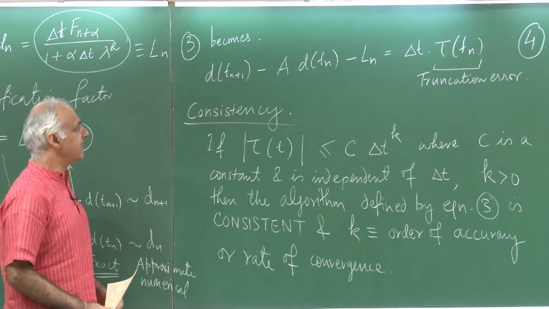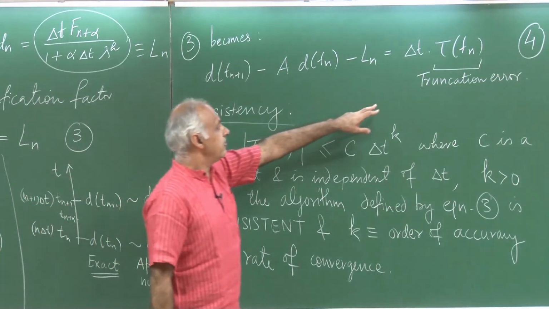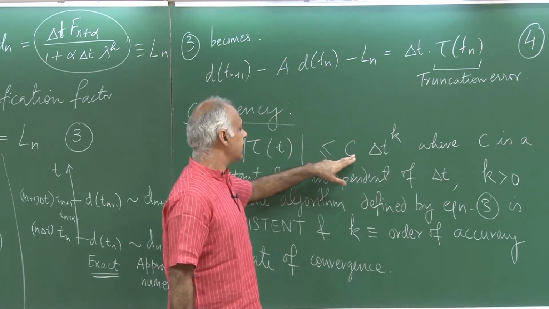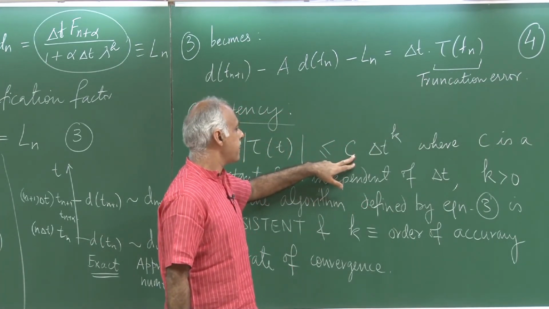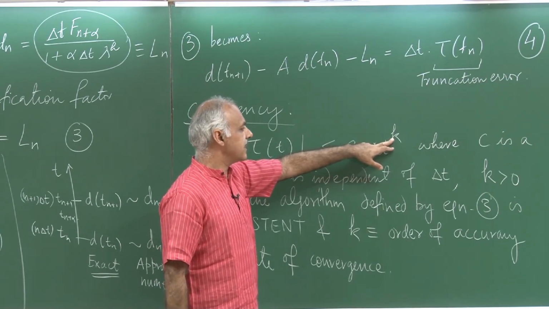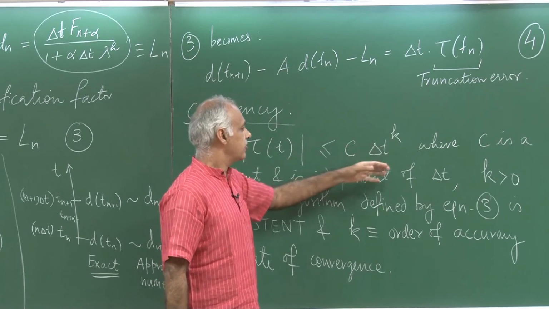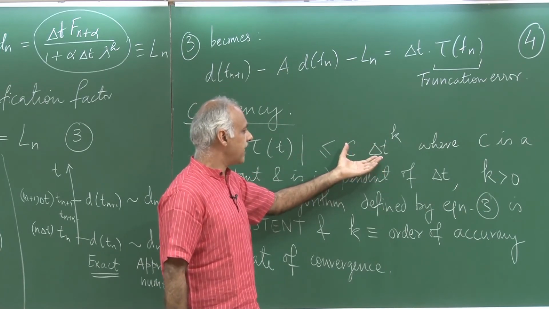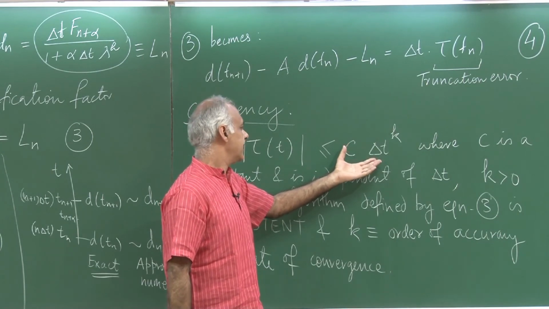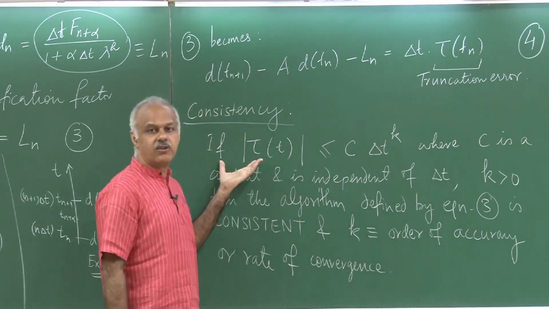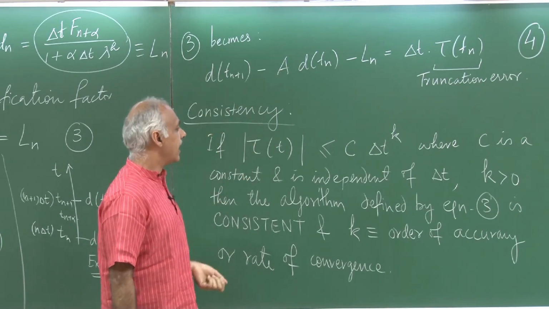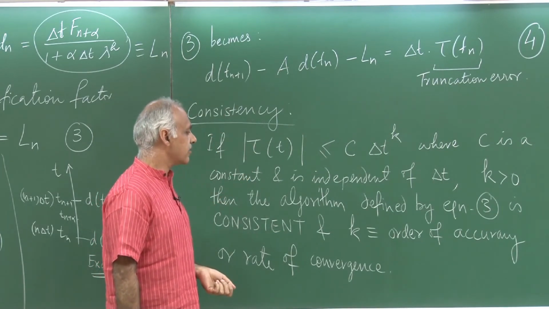Okay, so what we are saying is that if tau is bounded, and the bound is via this constant and delta t to the k, but k has to be necessarily greater than 0. So, the idea is that as my delta t goes to 0, then my truncation error also goes to 0, and thereby I would have the error going to 0.